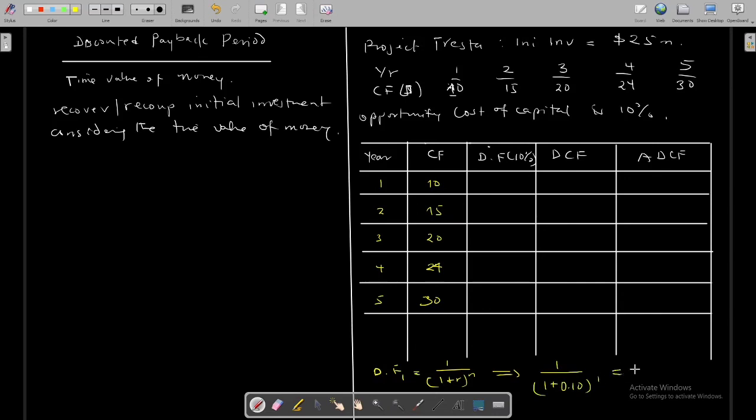If you punch it on the calculator, this gives us 0.909.